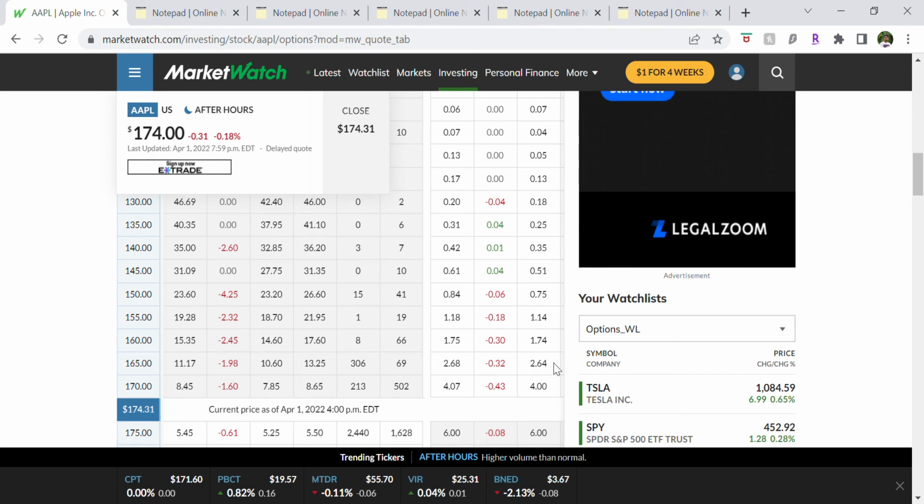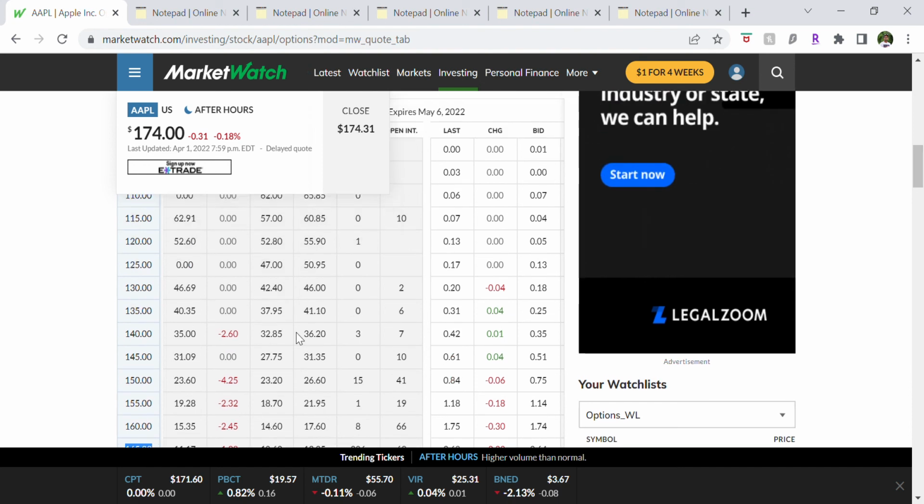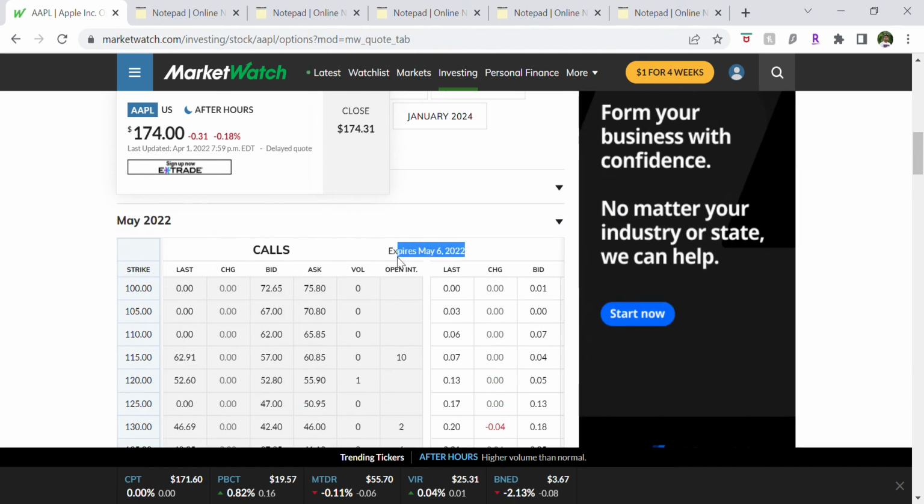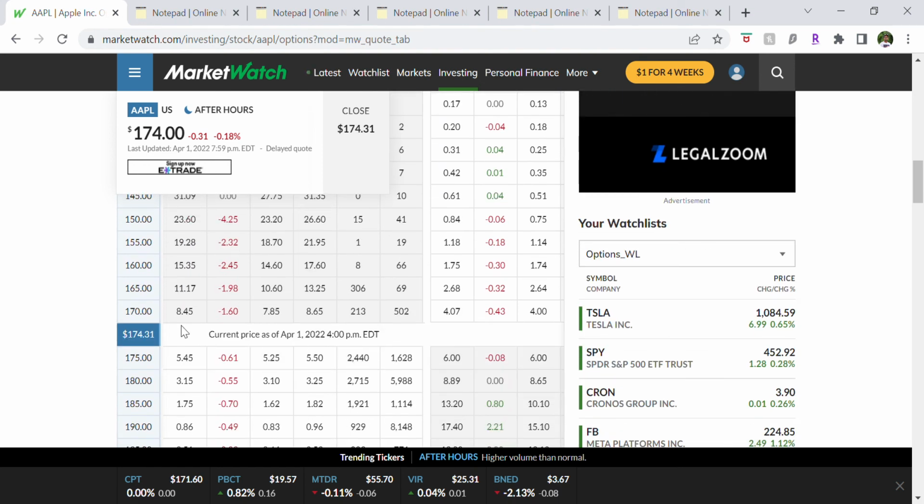So I'll pick, say, 160 put and 155 put. Actually, let's pick 165 put and 160 put. I don't think that by 6th May Apple is going to go below 165.